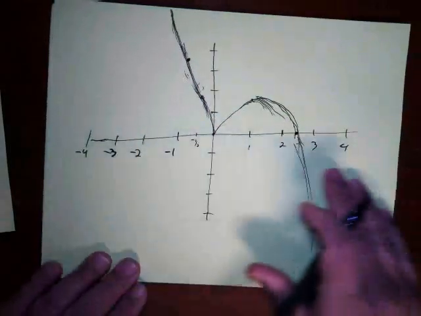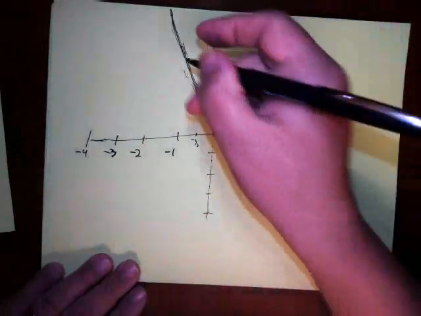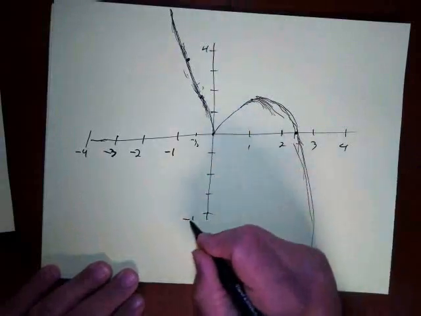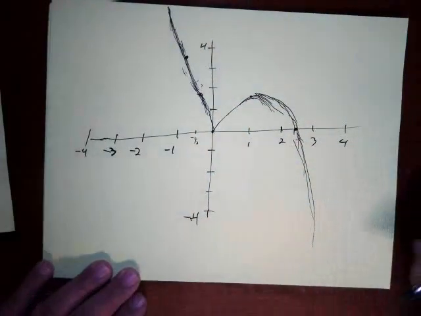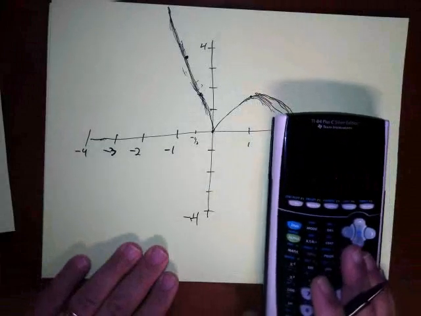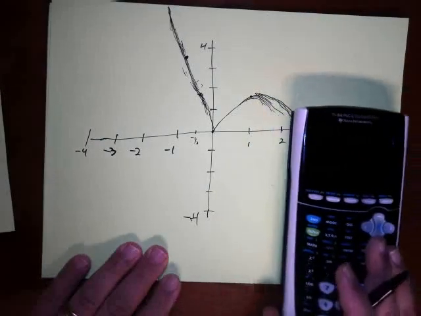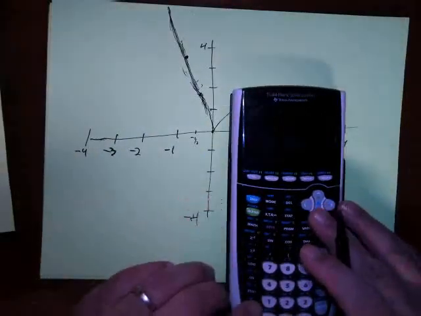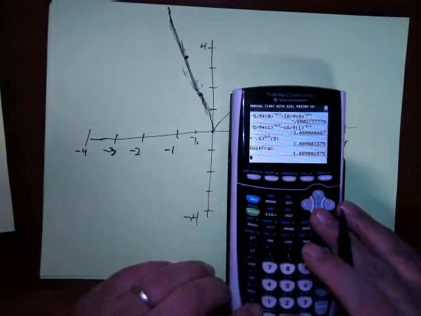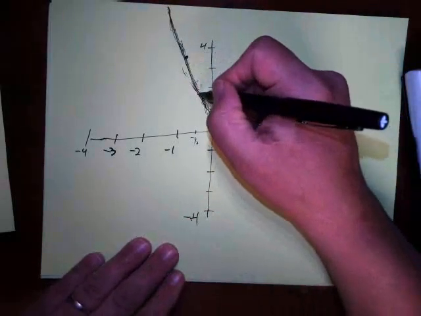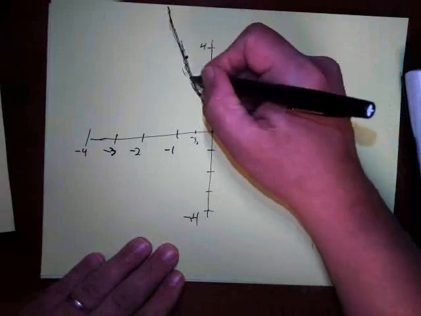Okay? So I have -4 to 4, -4 to 4. So let's graph it from -4 to 4 either way and see how we did. So, yeah. Let's see what we did. See what it looks like. Oh, by the way, it's passing through that point, but this is where it changes its concavity down here.